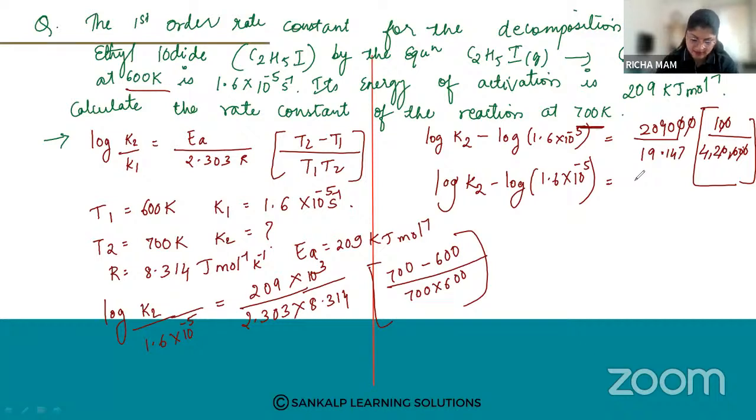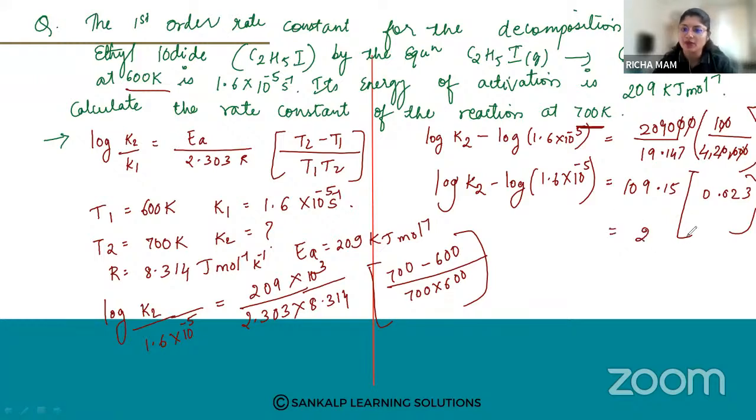How much are you getting? 290 divided by 19.147 is 109.15, divided by 1 by 42. 1 divided by 42 is 0.023. Now 109.15 into 0.023 comes to 2.510.